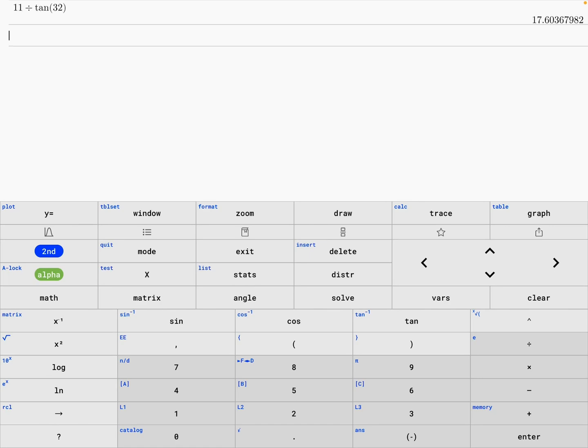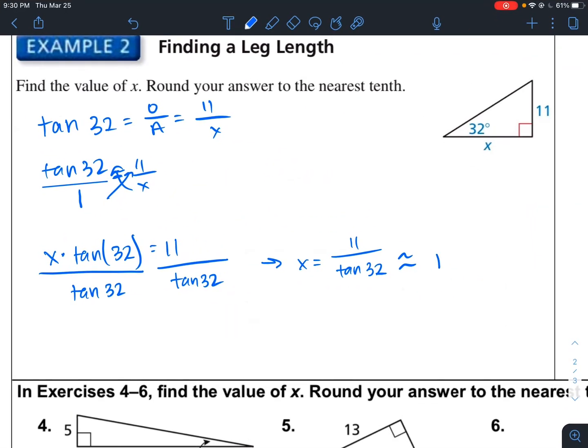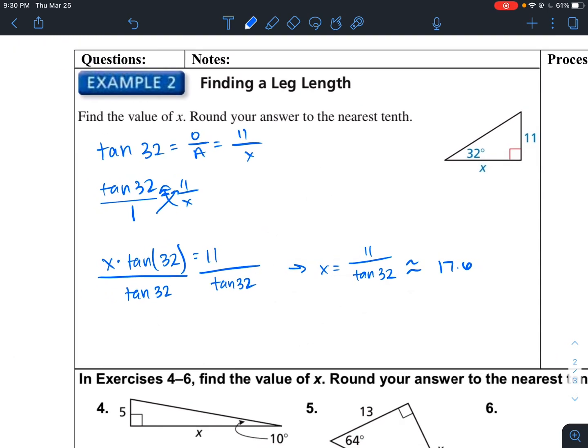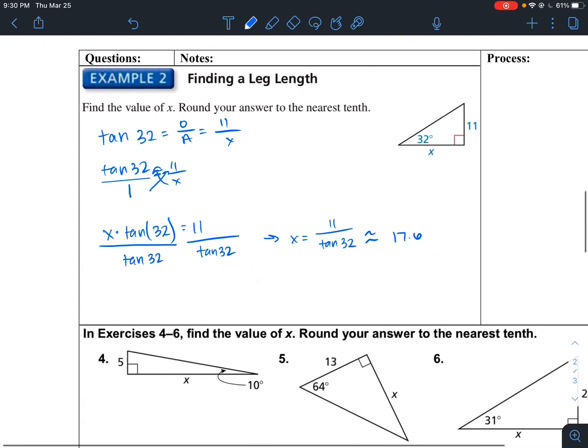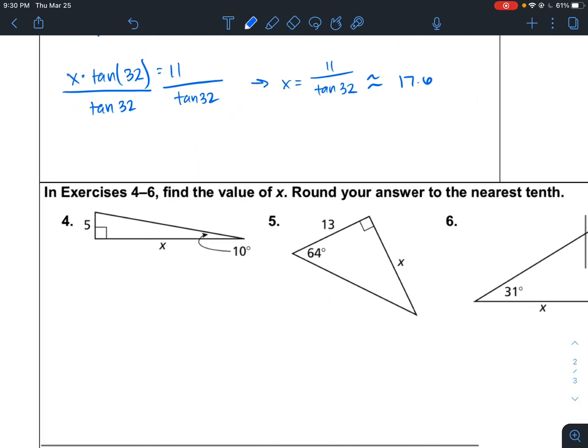So when I do this, I get the value of 17.6. So x is equal to 17.6. Okay. There you go. So let's do some practice problems here.